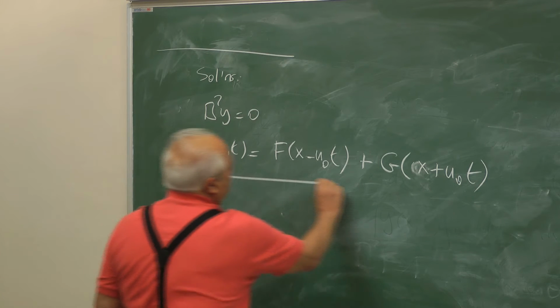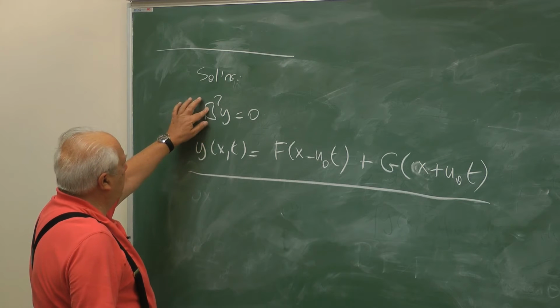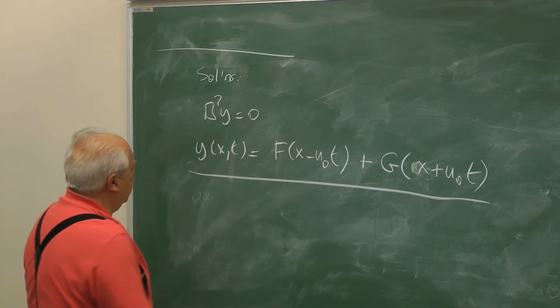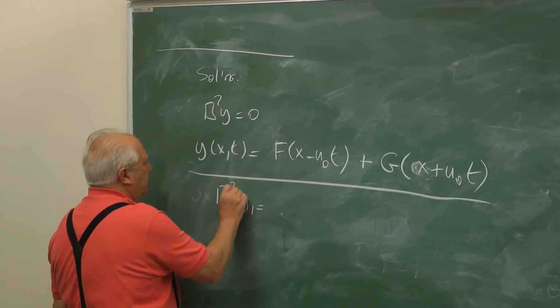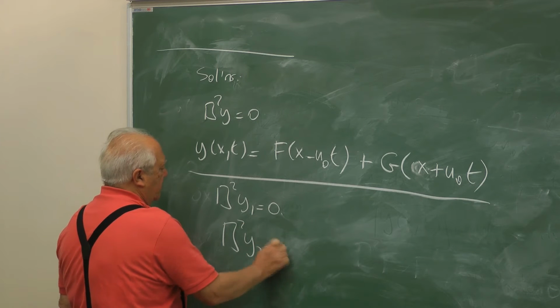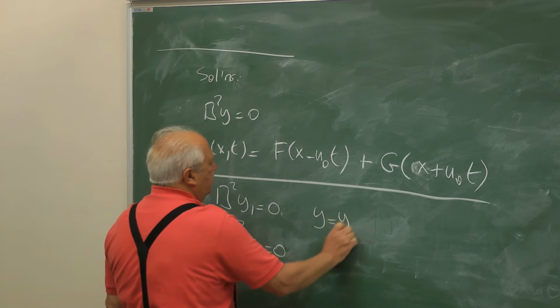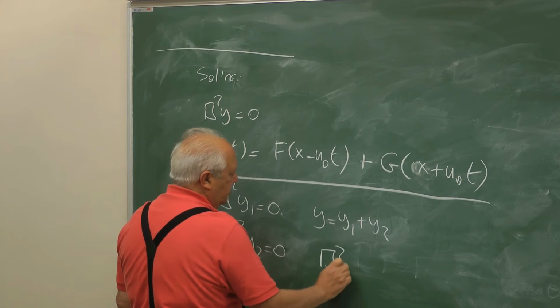All right. This is a linear operator, linear equation. Therefore, if y1 is a solution and y2 is a solution, then y equal to y1 plus y2 is also a solution, obviously.